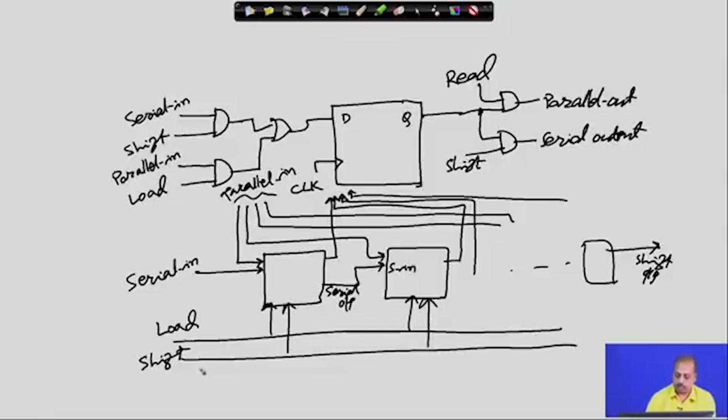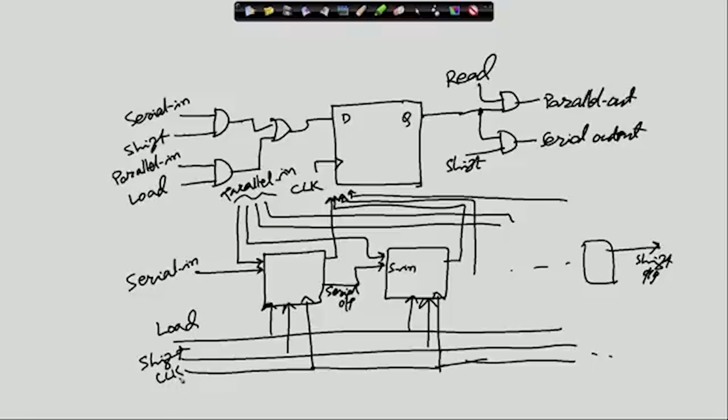The clock signal should also be given to all the stages. Then this structure will behave as a register where you can parallelly load the value or serially load the value. You can take a parallel output, you can take a serial output. All those operations are needed when we are incorporating these registers inside microprocessors.